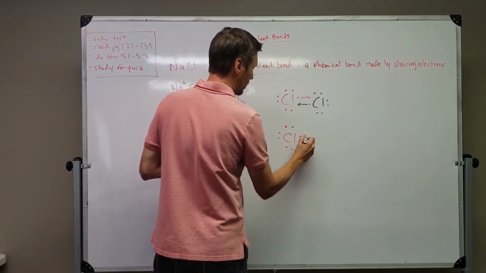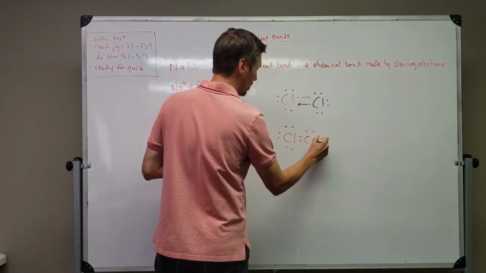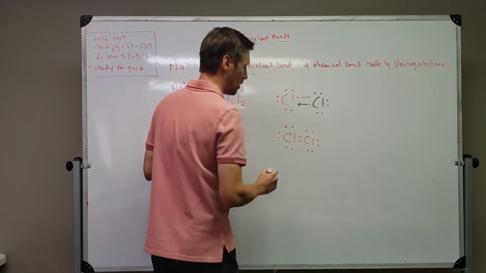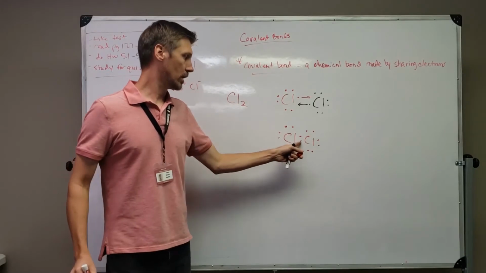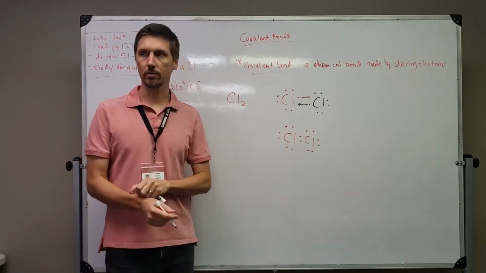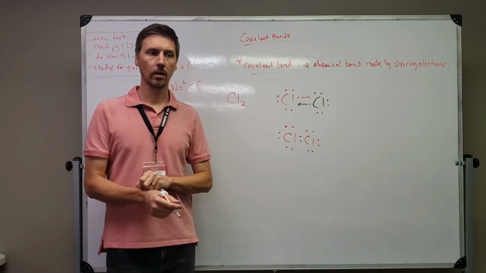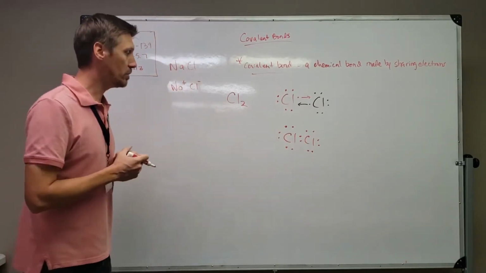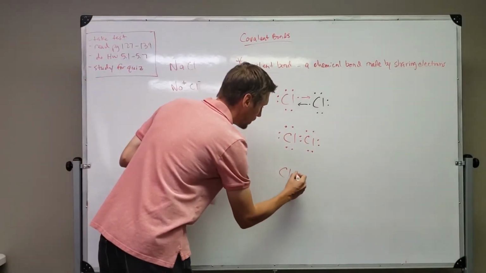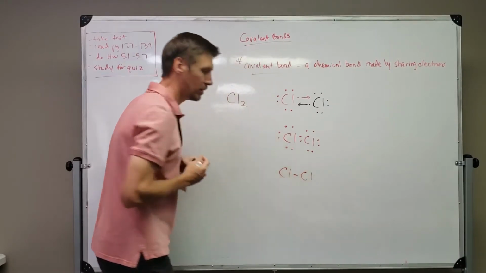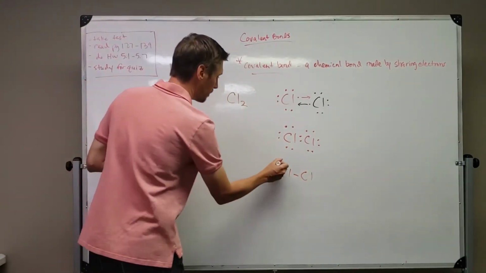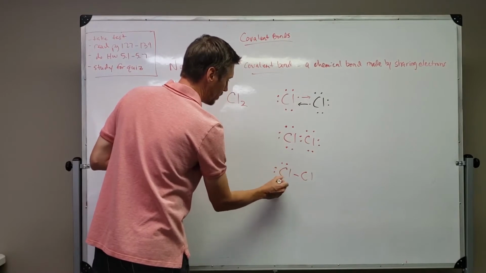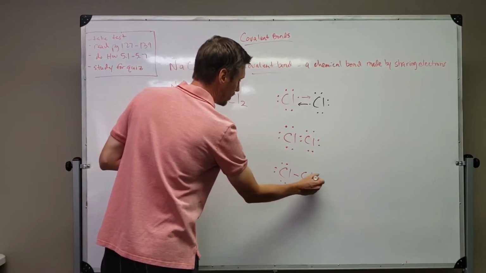And so the way that we would write this down is we would actually write them together, right beside each other, and we would just show that these two electrons here are shared between the two. All right? And rather than write the dots, just so that we're clear that those electrons are being shared, we would instead replace the shared electrons with a single line. So we would draw it like this.